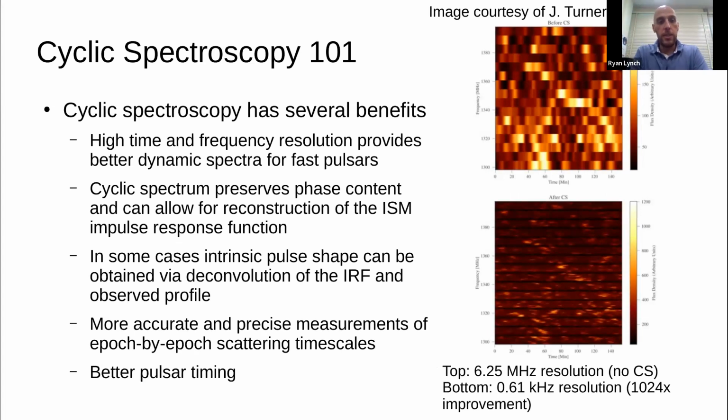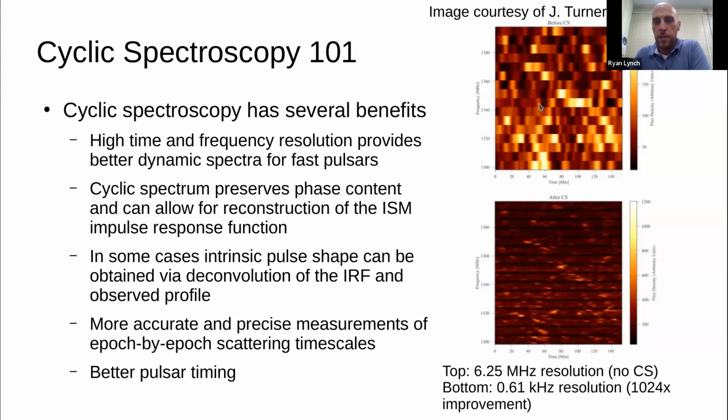So as I've already mentioned, this allows you to have high time and frequency resolution simultaneously, which means that you can obtain better dynamic spectra for fast pulsars. And on the right here, I'm showing two plots which were provided courtesy of Jacob Turner, who is a graduate student at WVU, and I should say will be starting a postdoc at Green Bank at the end of the summer, early fall.